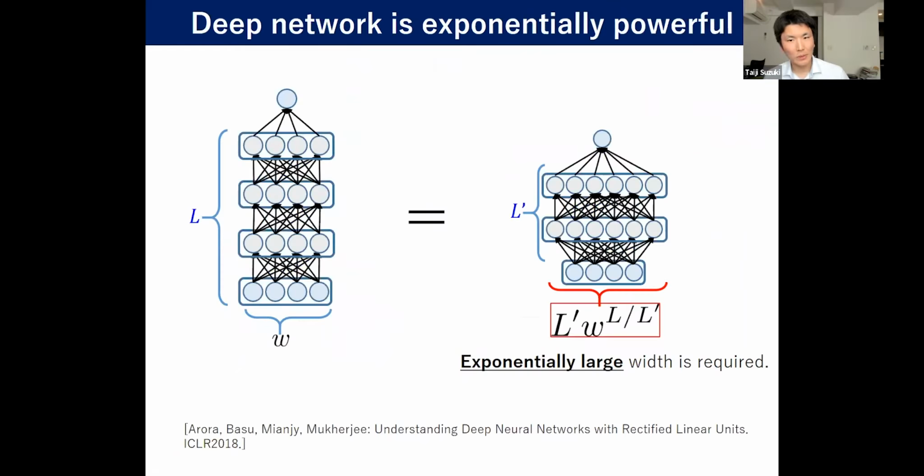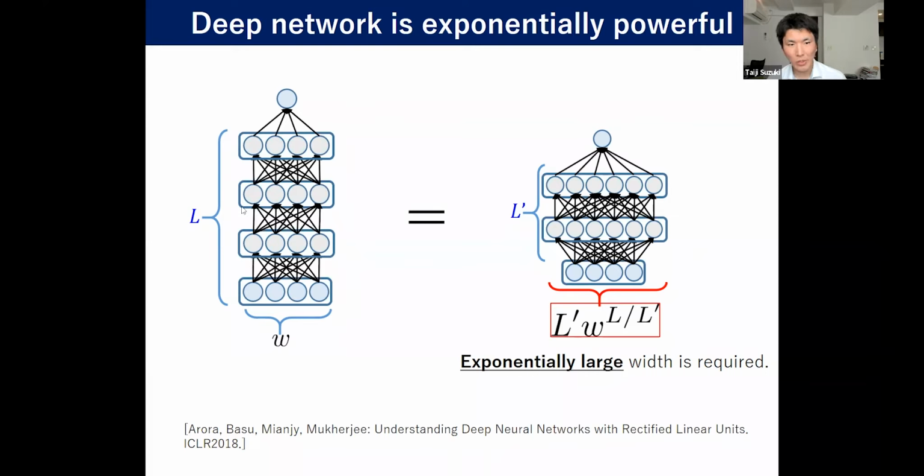Okay, so let's go. Let us consider a very deep neural network with depth L and width W. Now we try to approximate this deep neural network by a shallow network with depth L prime, where the depth L prime is fixed. The question here is how large this shallow network should be to approximate the target network.